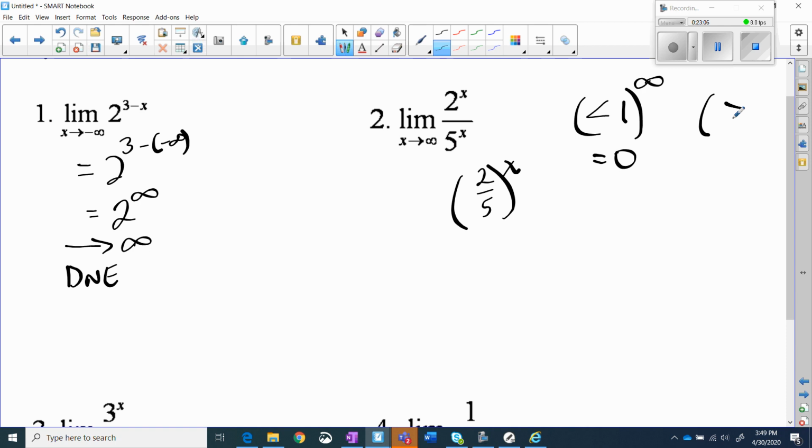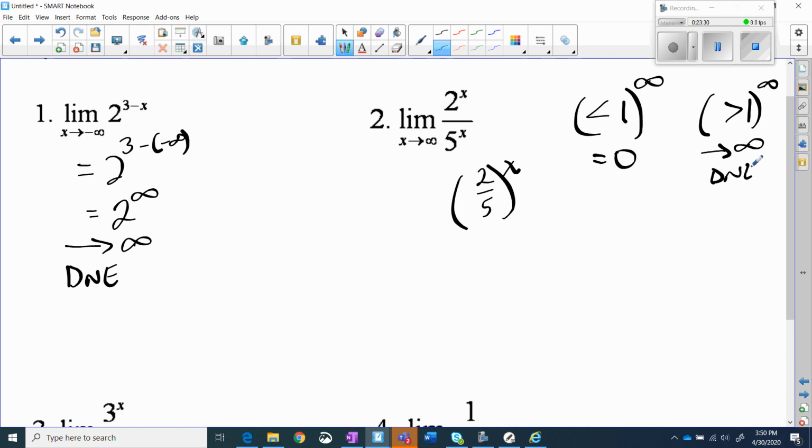Versus if you take a number that's more than 1, we've already kind of discussed this, and you raise it up to an exponent, you're going to get bigger answers. So, for example, 2, or even 1.2 to the 10, 1.2 to the 100, 1.2 to the 1,000. You're going to just get answers that get bigger and bigger and bigger all the time. They're not getting close to any specific number.